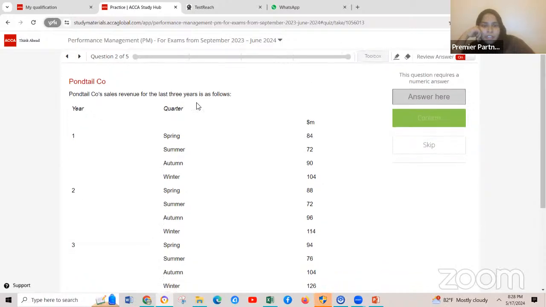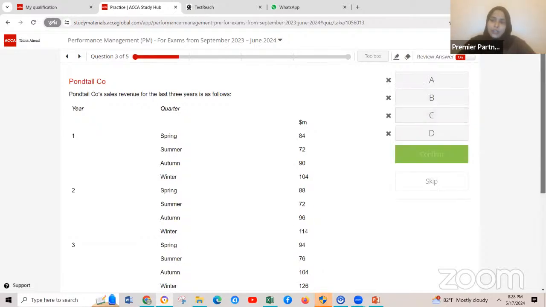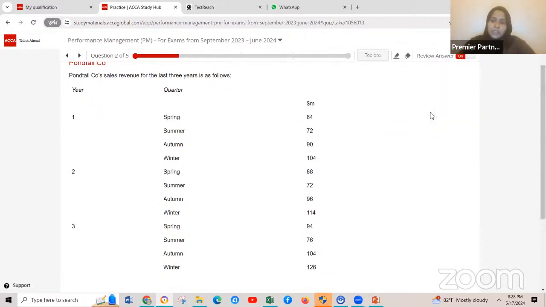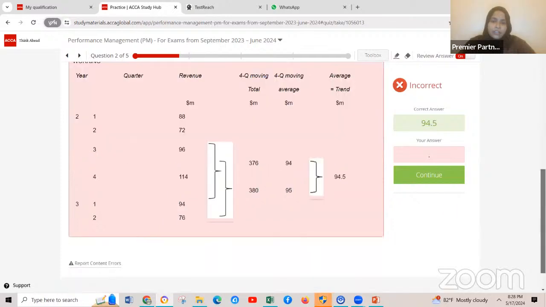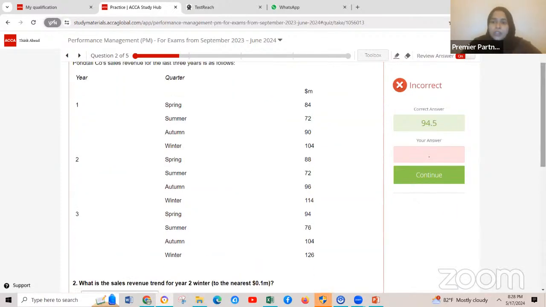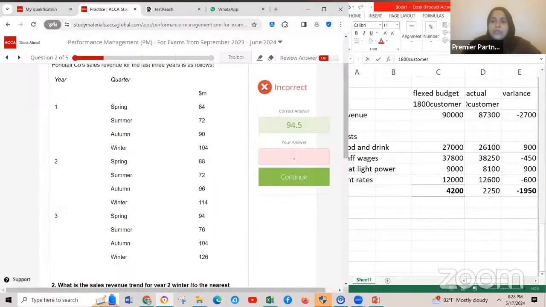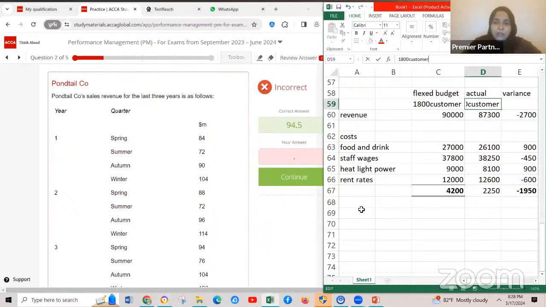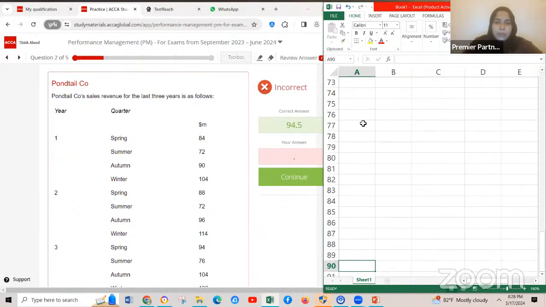If it's not mentioned, generally you have to take 4-quarter. Yes, they've taken 4-quarter. If they haven't told you whether it's 5-quarter or 4-quarter, you take the 4-quarter moving total.